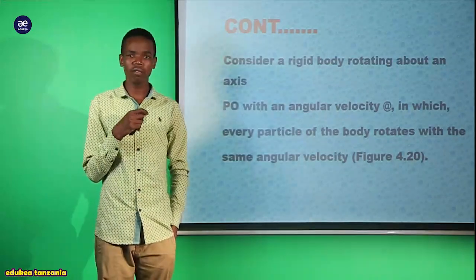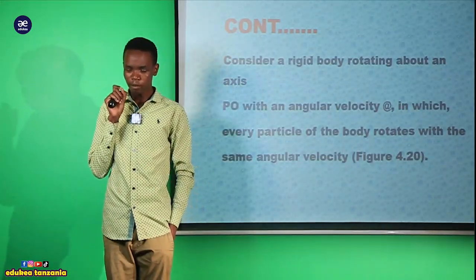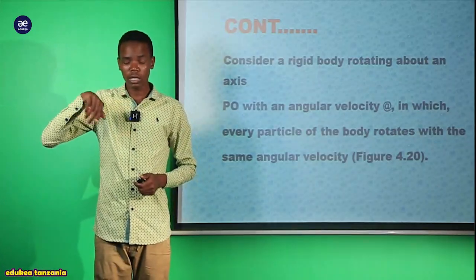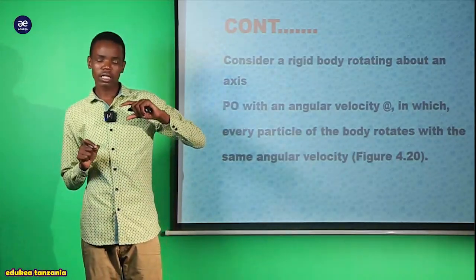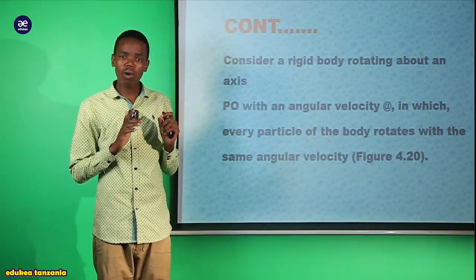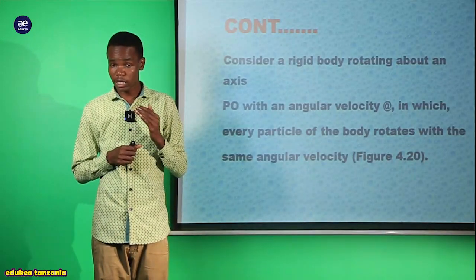The rigid body rotates on the axis OP, while the angular velocity is the same.